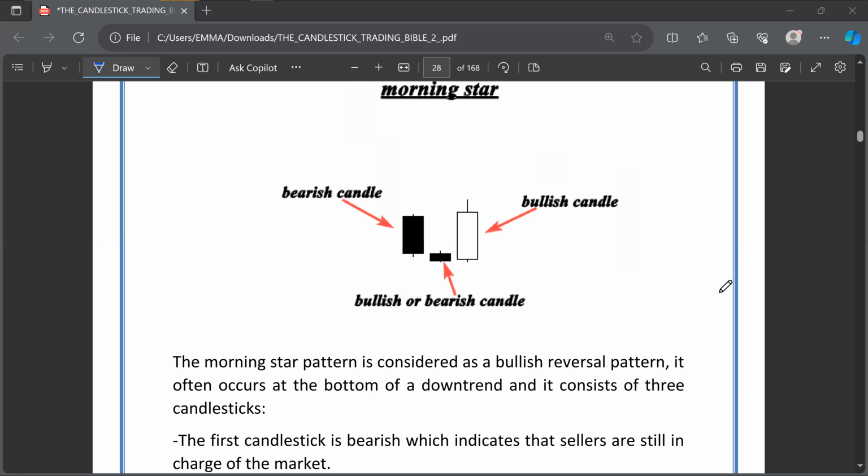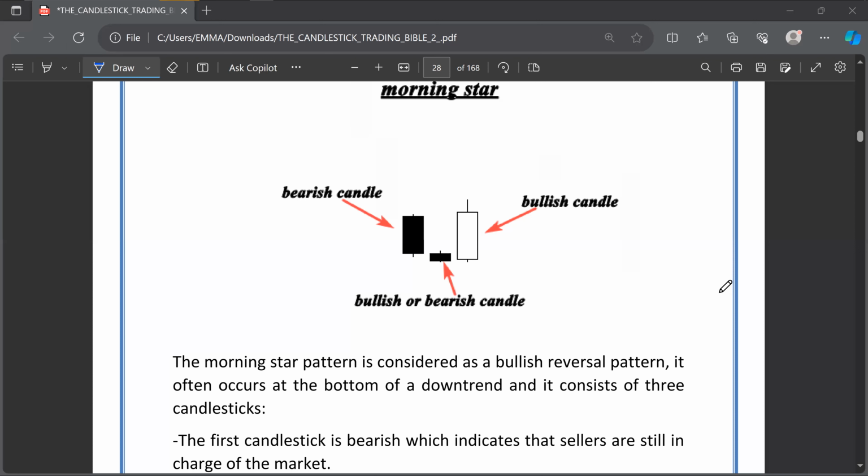So if it's a bullish reversal, meaning the trend will move up, right? The trend will move up. It's a bullish pattern. Now, it often occurs at the bottom of a downtrend.